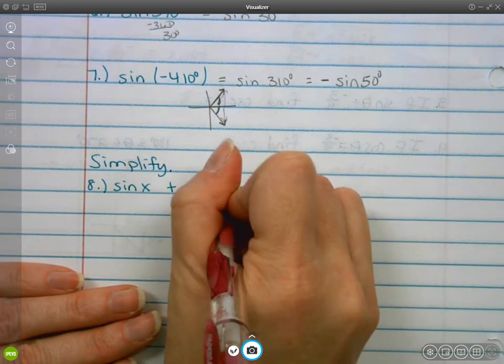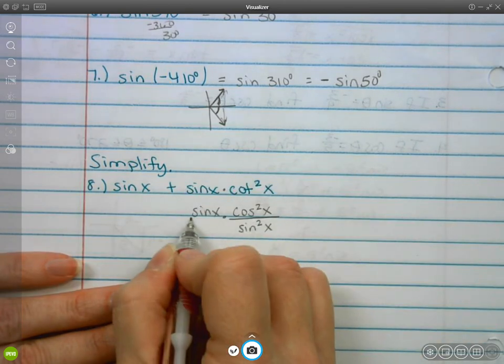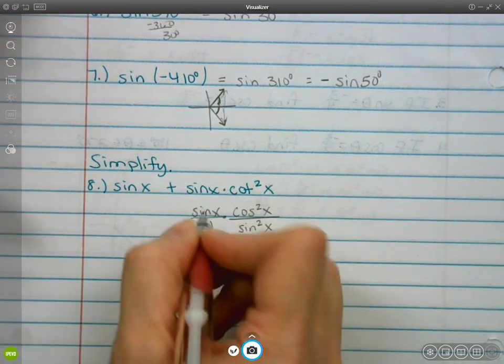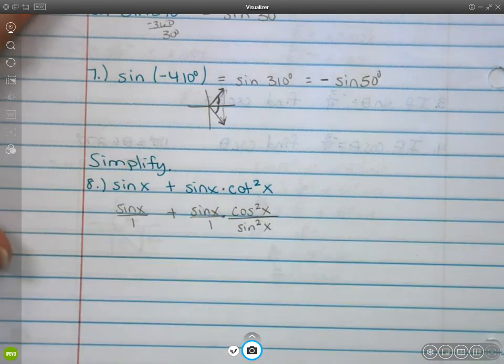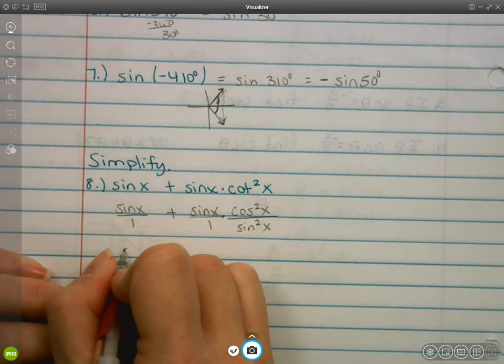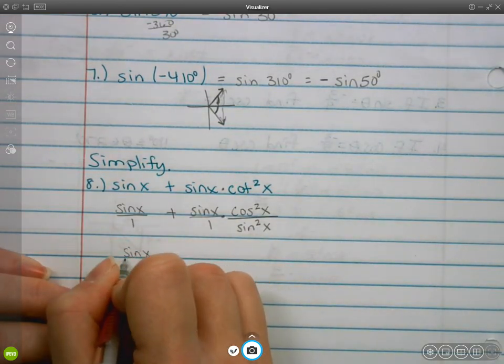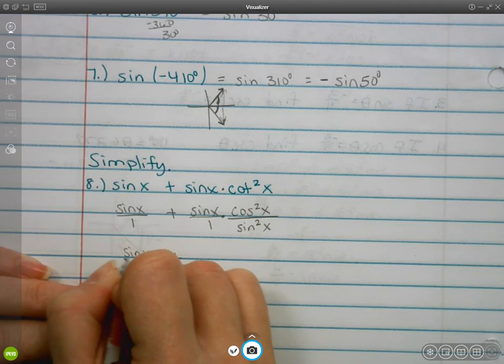All right, so first of all, remember these are being multiplied. So the sine x is being multiplied by those, and it's like over a 1. And then this sine x is also over a 1, and it's being added. So when you have fractions, make everything look like a fraction. And then you have to do your can I simplify fractions bit. That is the most complicated thing for most people.